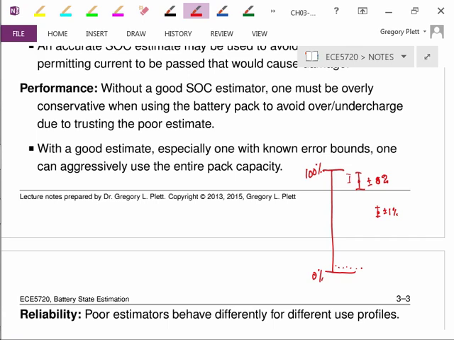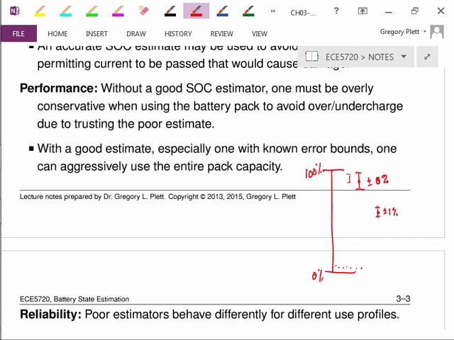If I have a poor estimator and I happen to know its error bounds, I can still use the capacity plus minus those error bounds with confidence, but it's going to be less capacity because the error bounds are bigger. If I've got a poor estimator and I don't have error bounds at all, as we'll see, some of the poor estimators that we're going to look at don't even give you error bounds, then we have to guess.